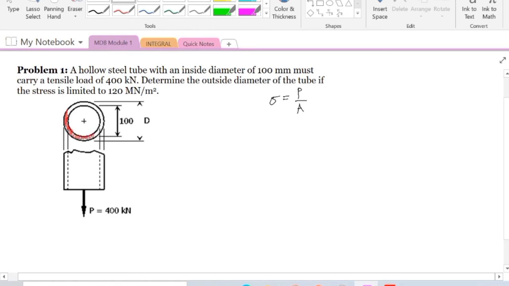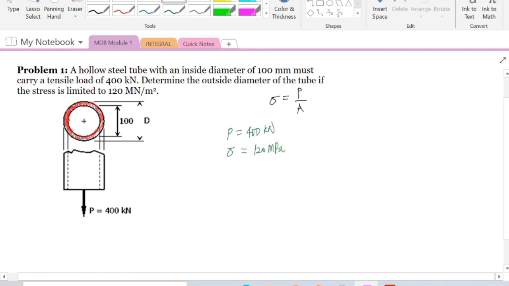since this is hollow, ililess natin sa area ng malaking circle yung area ng maliit na circle, yung area ng butas. So we have the load P is equal to 400 kilonewton, and we have the stress equal to 120 megapascal.